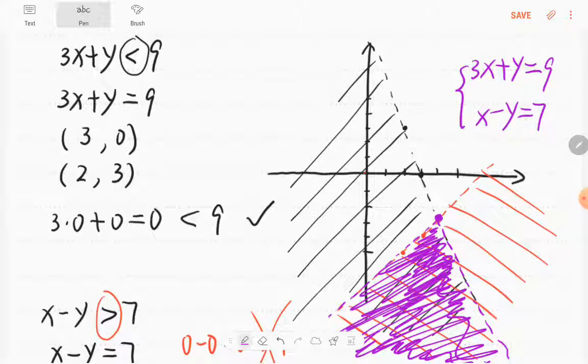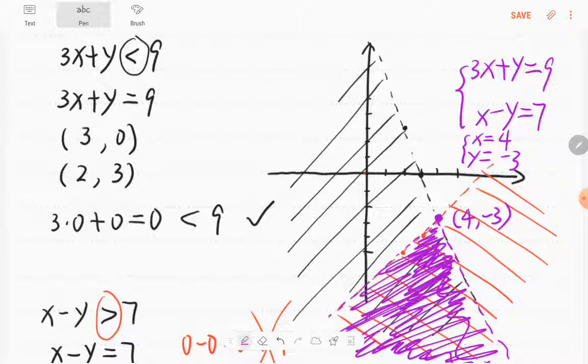If you solve this linear system, as we have learned in the section on linear systems, it would be x equals 4, y equals negative 3, which is this point. This point is (4, negative 3).